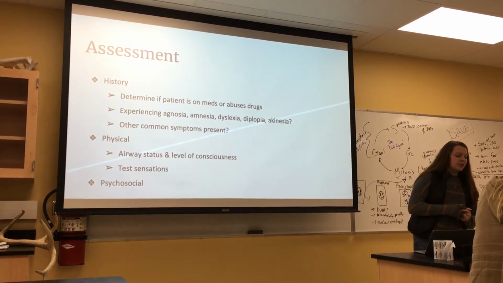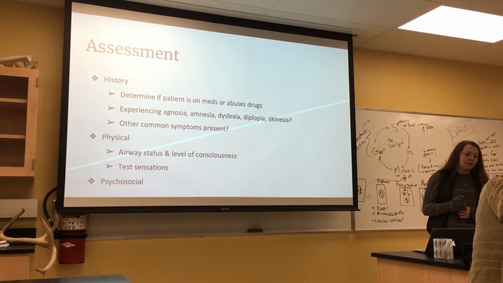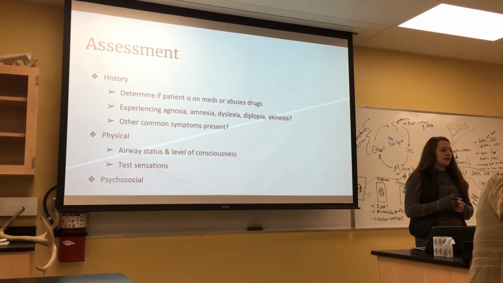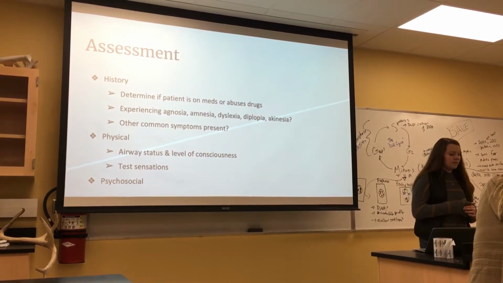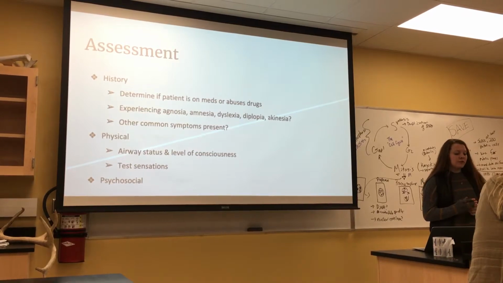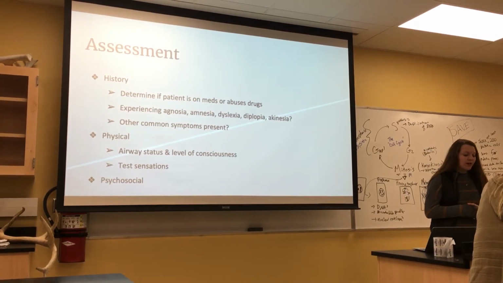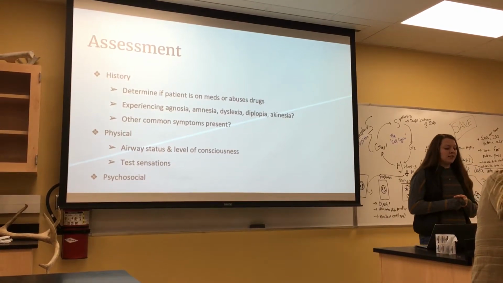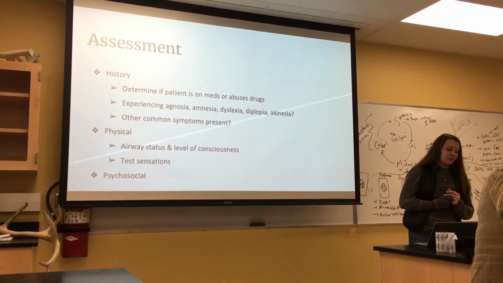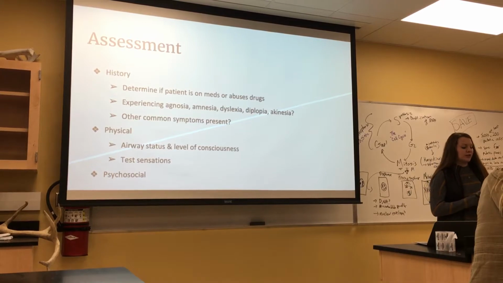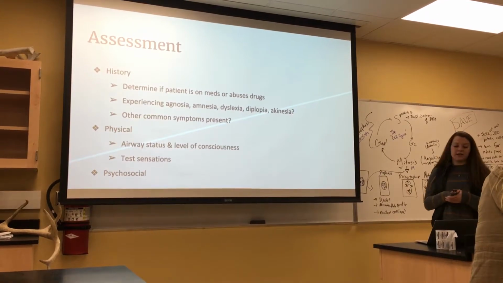They'll also gather a history of speech difficulties and determine if the patient has difficulty comprehending and writing words, which is known as dyslexia. They'll establish a history of visual difficulties such as double vision, which is known as diplopia. And they'll also gather a history of motor difficulties such as the inability to move the muscles, which is echinacea, and they'll ask the patient if they've experienced any numbness or headaches.